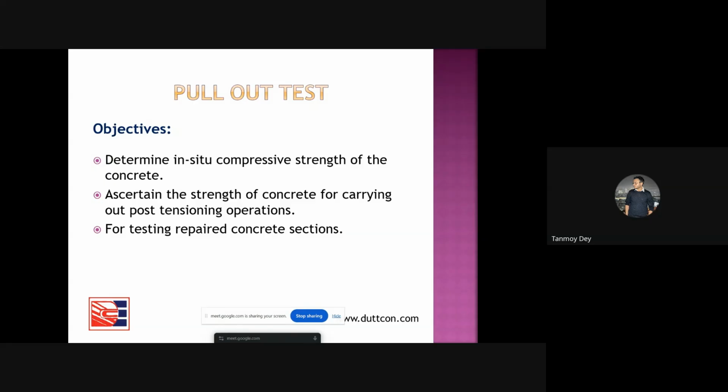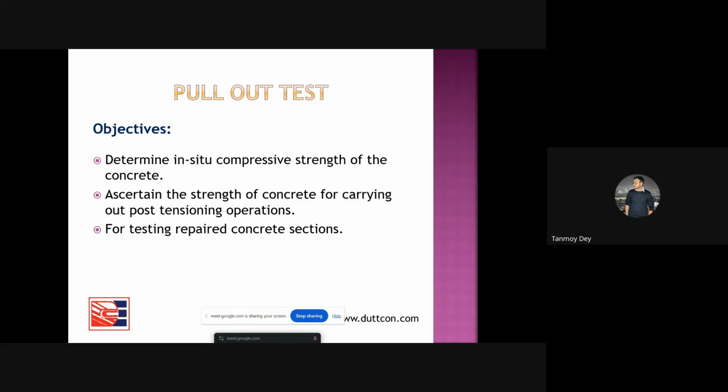What is that? We are drilling some portion. Suppose a small hole is being done by some drill, say 10 millimeter dia. We take a rod of 10 millimeter with a particular chemical adhering to this steel rod. We just try to fix it in the hole.